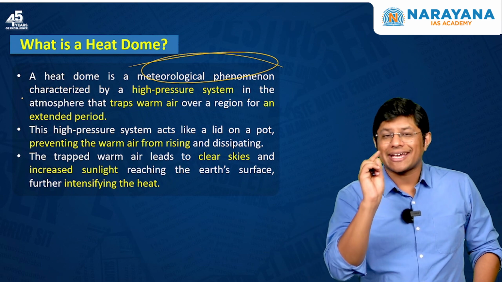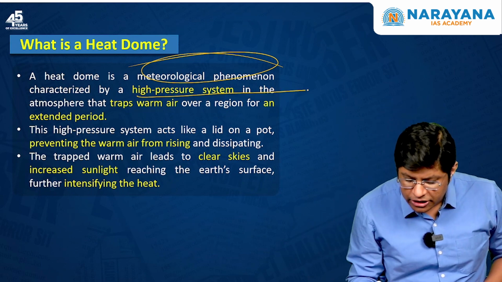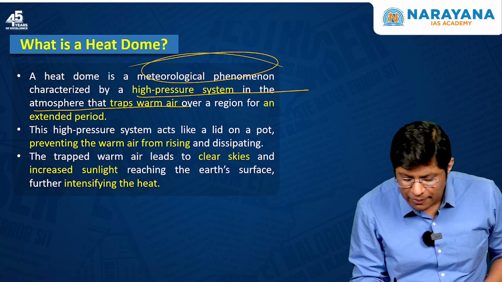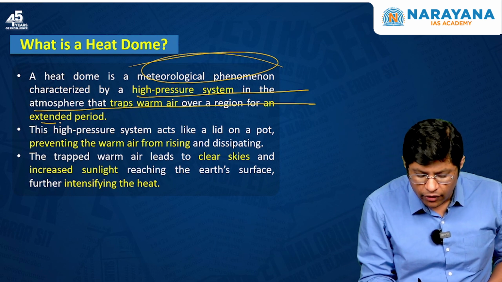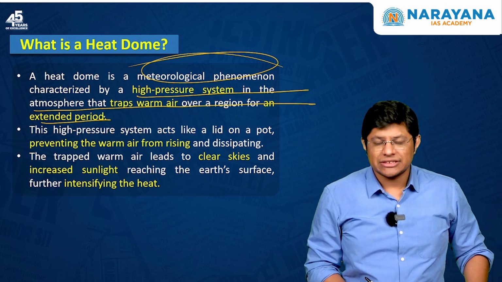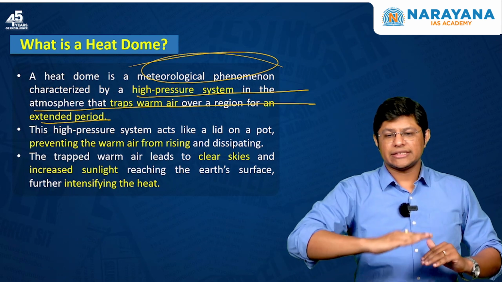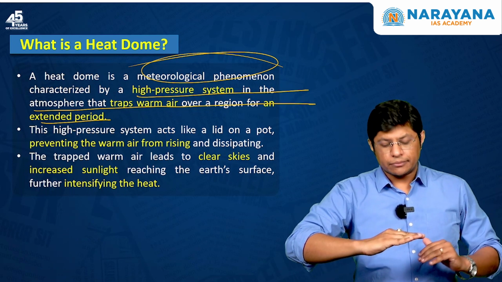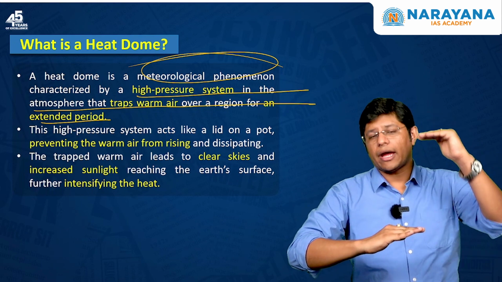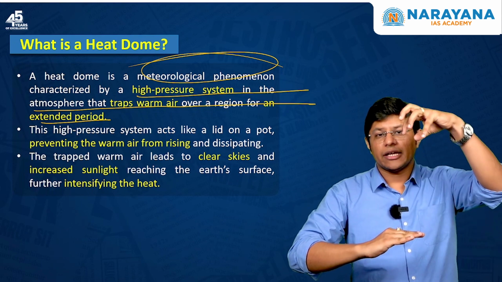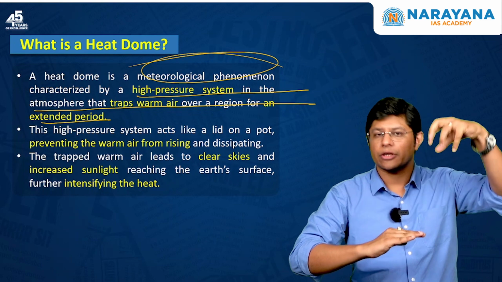This heat dome is characterized by a high pressure system in the atmosphere that traps warm air over a region for an extended period. So what is happening is, let's say for example, this is the ground surface, and at an elevated position, the high pressure system sets in or kicks in.